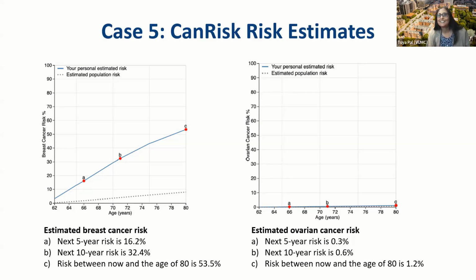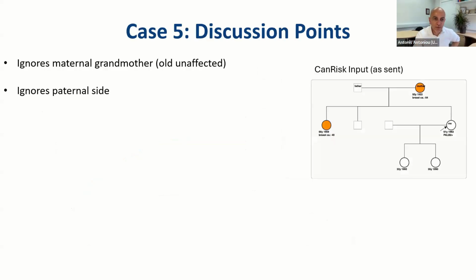So again, in questions that we get, it's important to distinguish from the average risks that have been reported for those pathogenic variant carriers, which are usually over possible family histories, and how the risk is modified by family history.